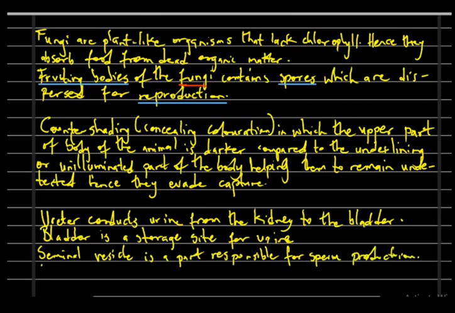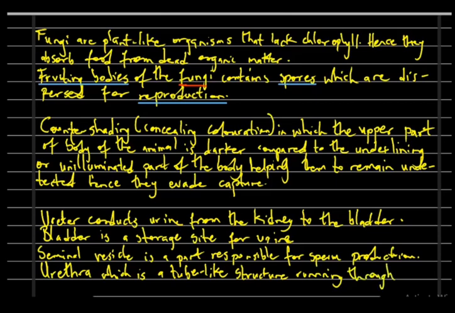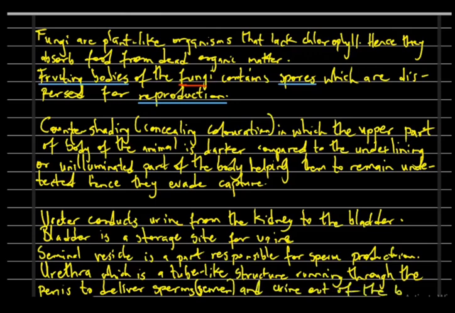So the only option that we have there is the urethra, which is a tube-like structure running through the penis, to deliver sperms or semen and urine out of the body.